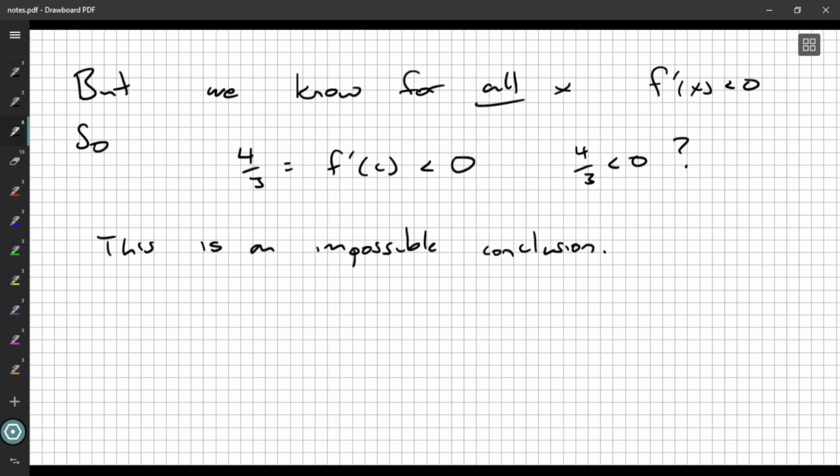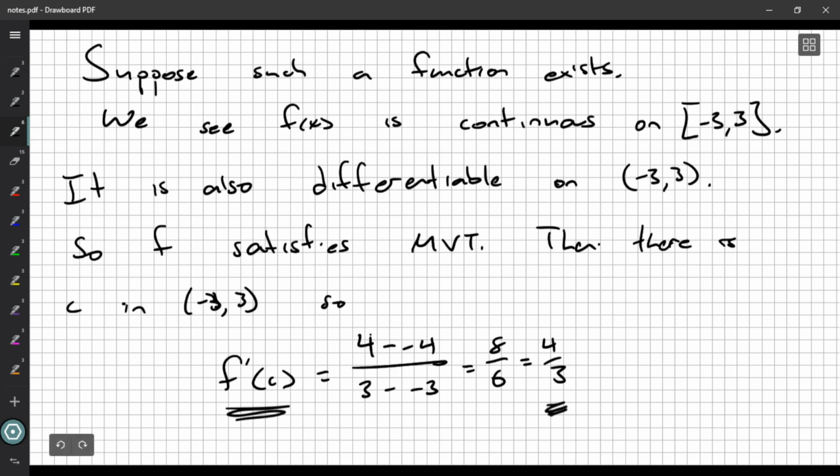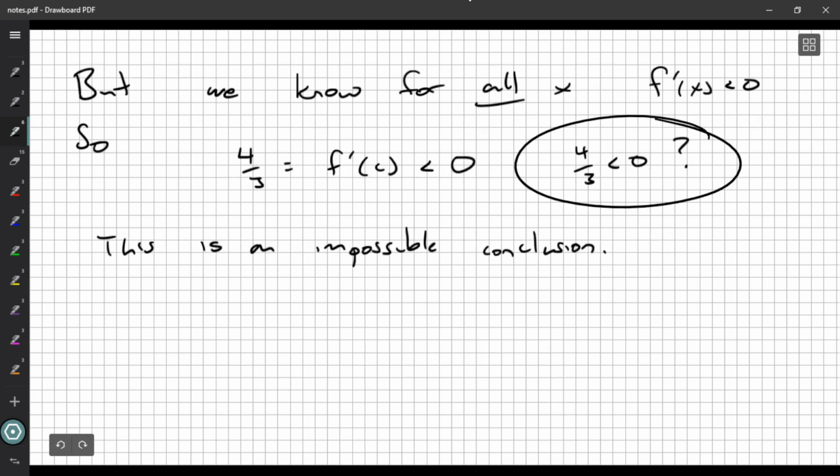And so the way a proof by contradiction works is you make an assumption, you suppose such a function exists, and you show that that leads to utter nonsense. If you make some assumptions, do some deductions, and you get an illogical statement, then that means one or many of your assumptions must be wrong. Or maybe just that combination of assumptions doesn't work together.